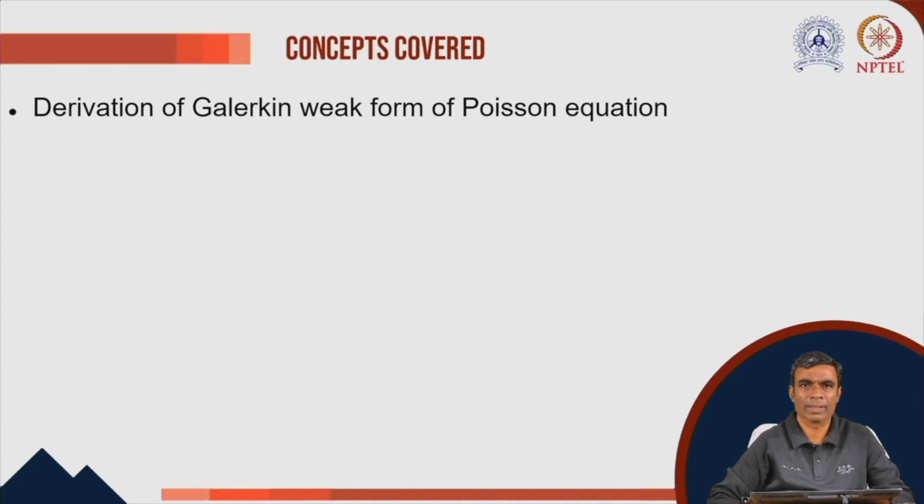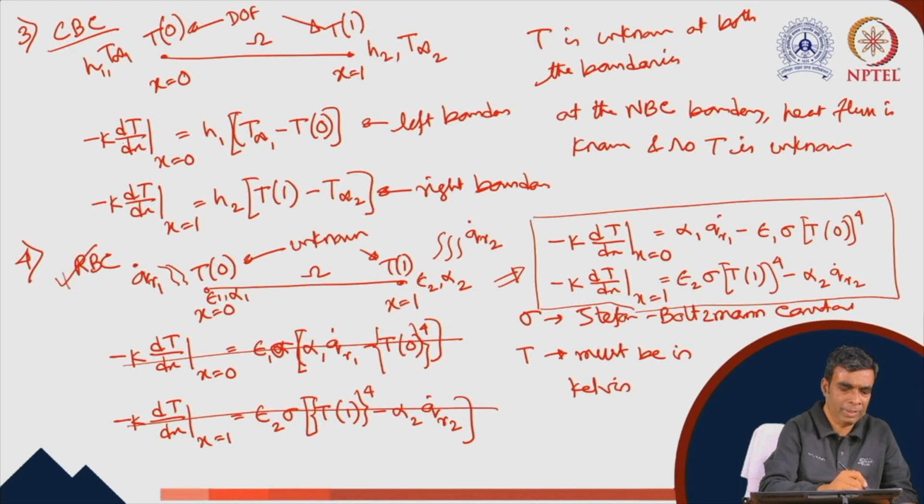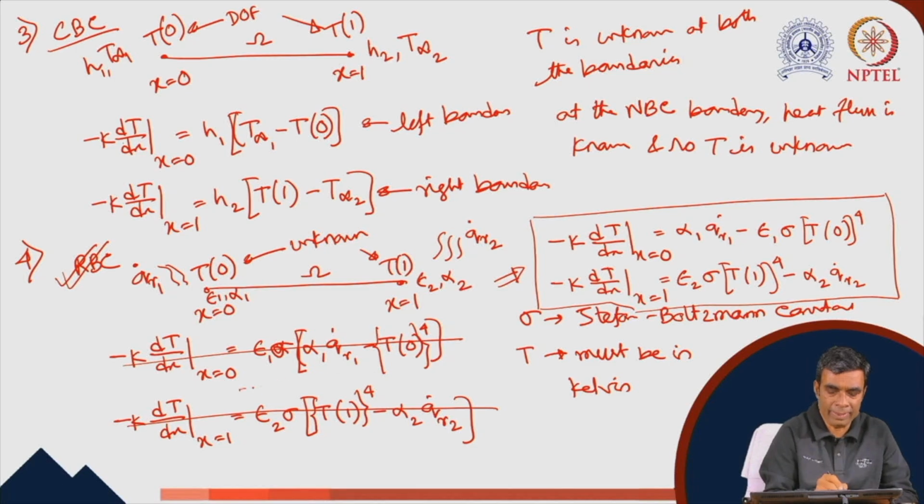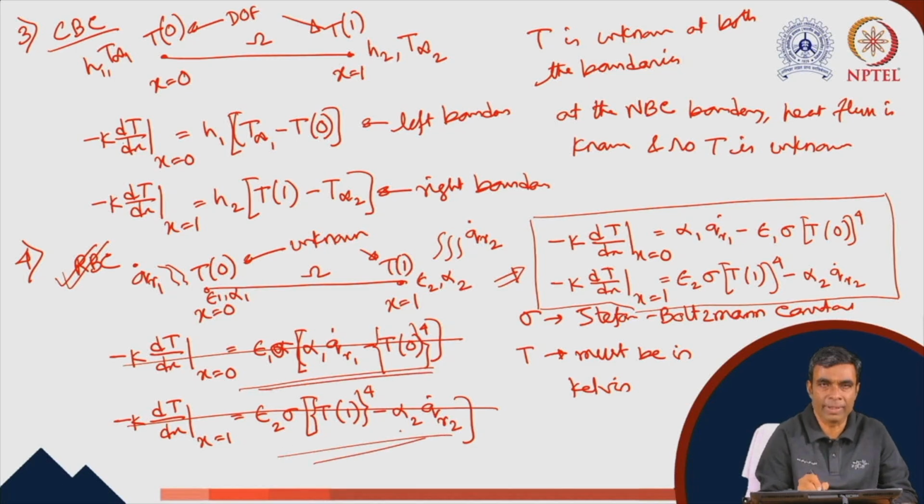In the fourth lecture of the second week, while we were discussing the radiative boundary condition in the first part of the boundary conditions, there were some erroneous expressions. Those expressions we have corrected in today's class. This fourth set of boundary condition, the radiative boundary condition, the right hand side expressions, they were incorrect.